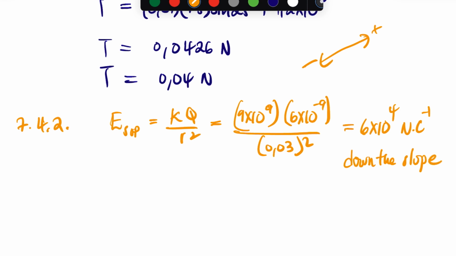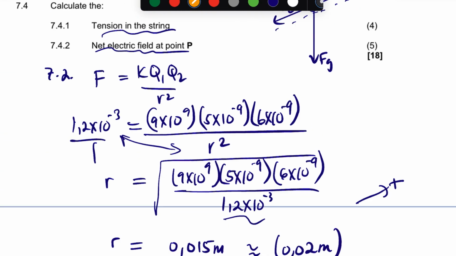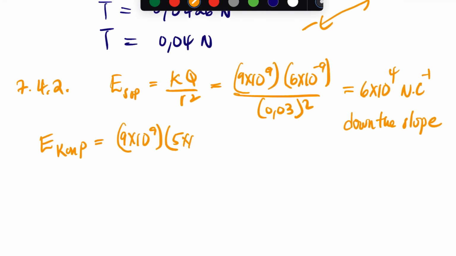Down the slope. And then we calculate the electric field of R on P. It's going to be 9 times 10 to the power 9, and then R is positive 5, so 5 times 10 to the power negative 9.